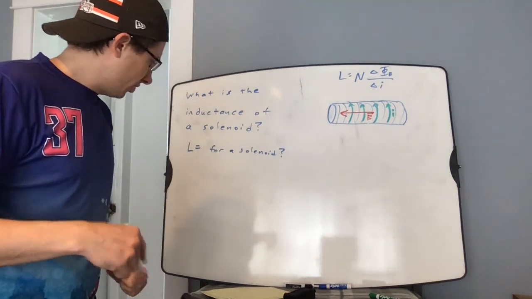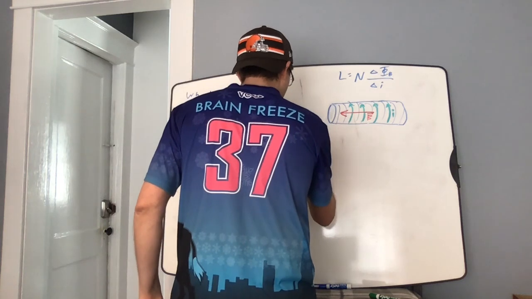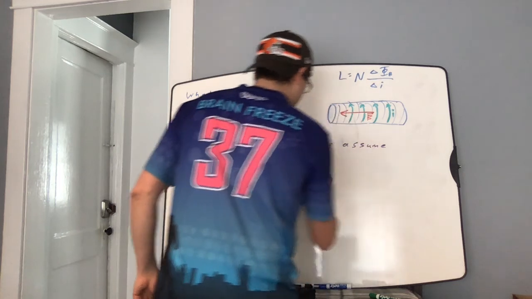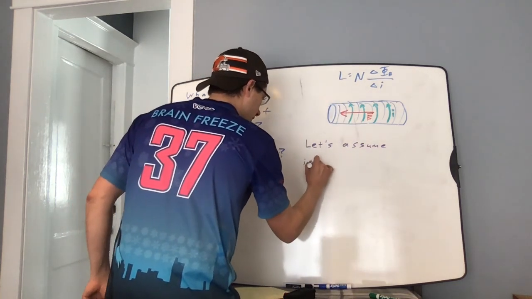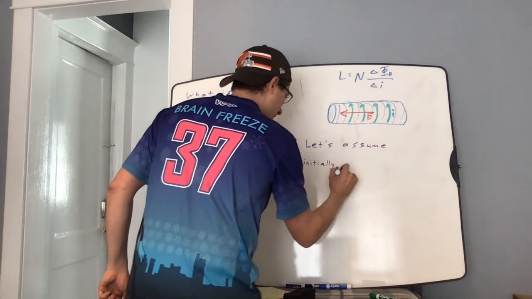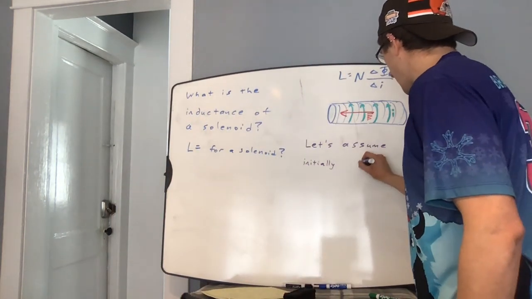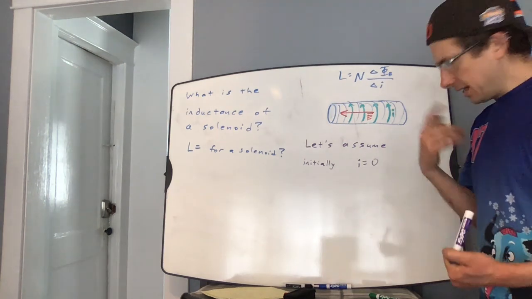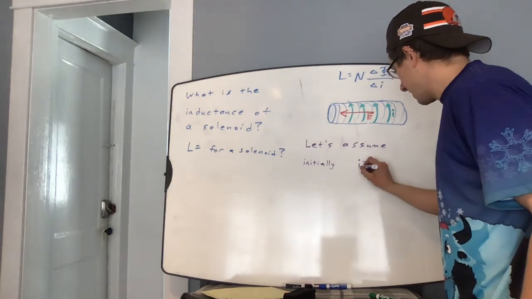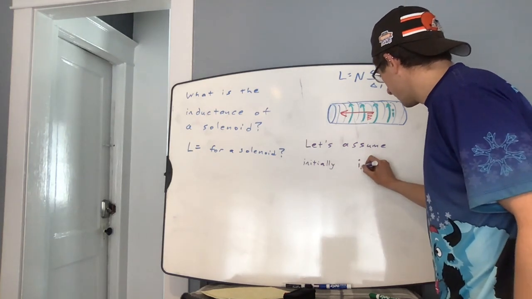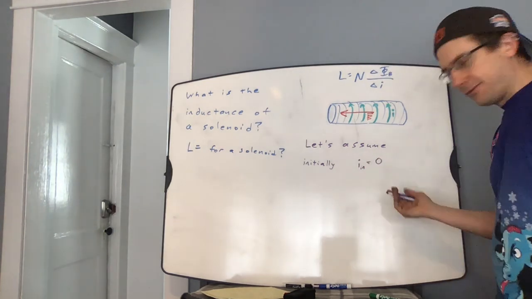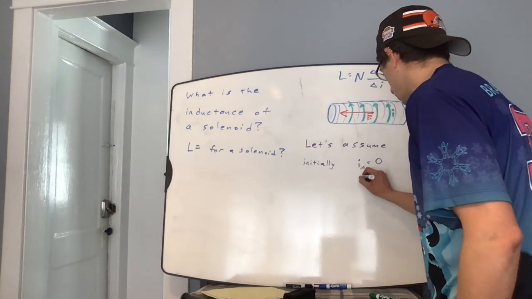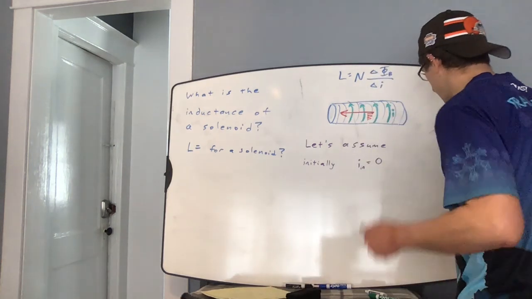So let's assume that initially I is equal to 0, and initially the current, I'll write that as I initial. If the current inside a solenoid is 0, then the magnetic field will be 0. So that implies that B initial is 0.